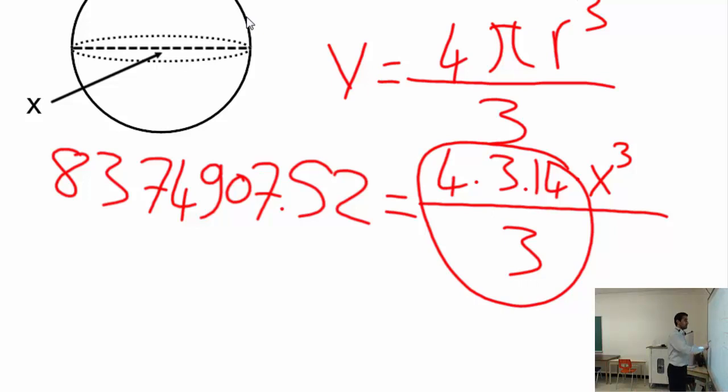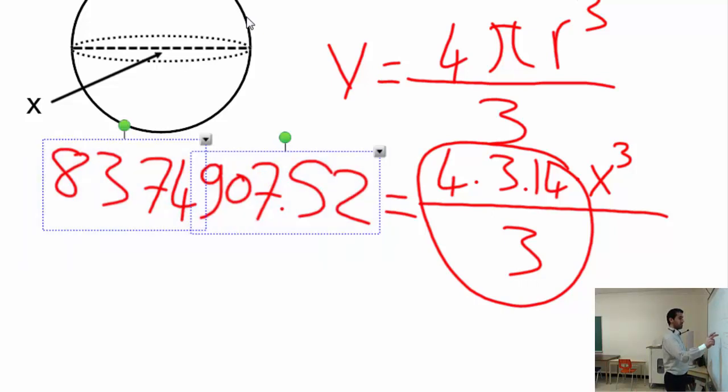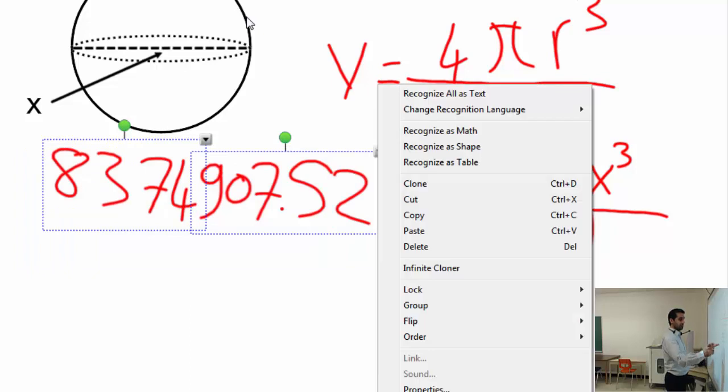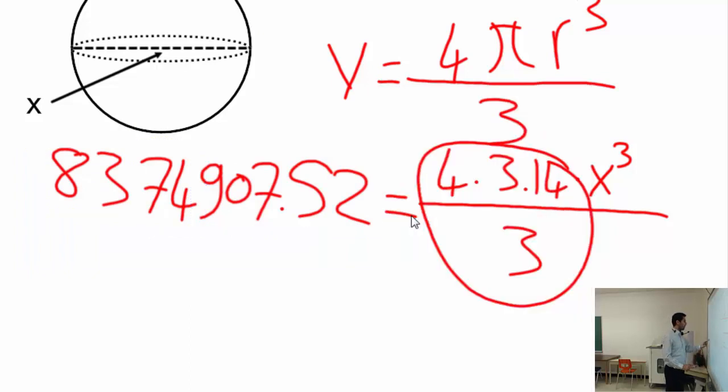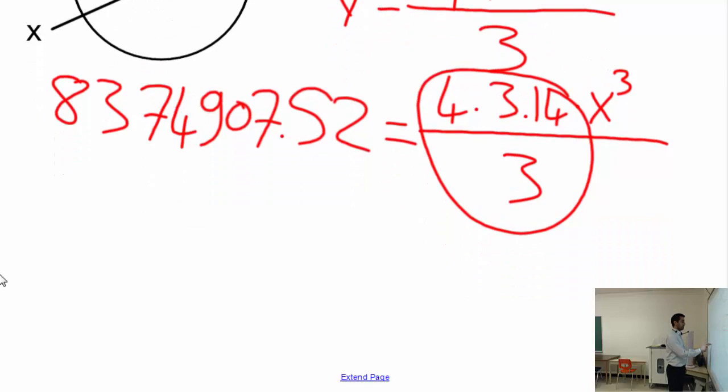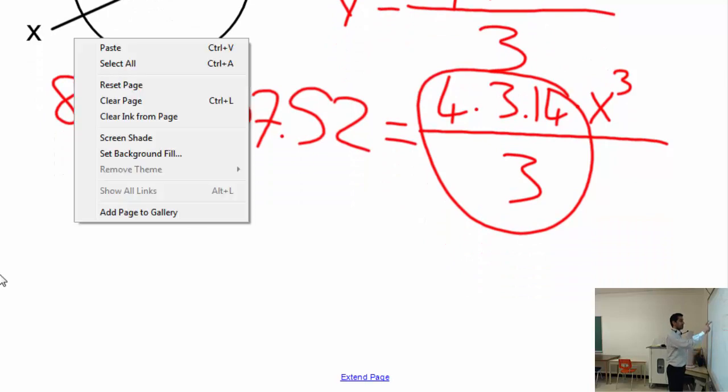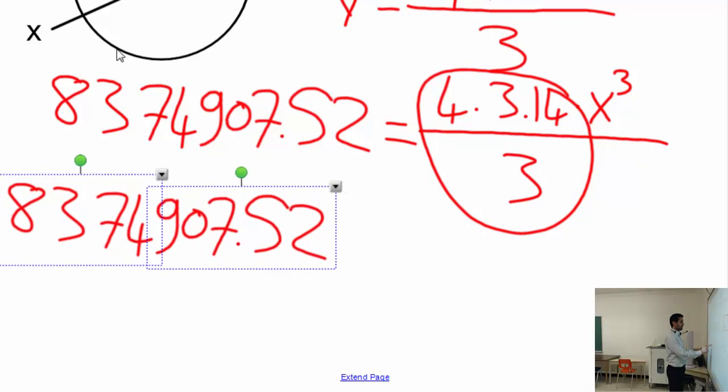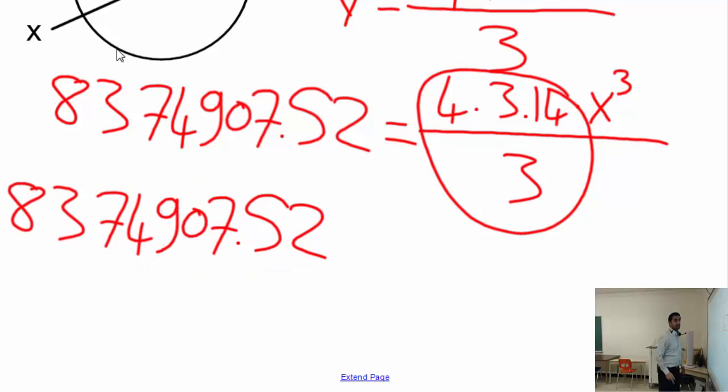So this very big number, I'm just going to copy and paste here. Let's write down this number once again, and now I'm going to bring the 3, which is a division, to the other side as multiplication.